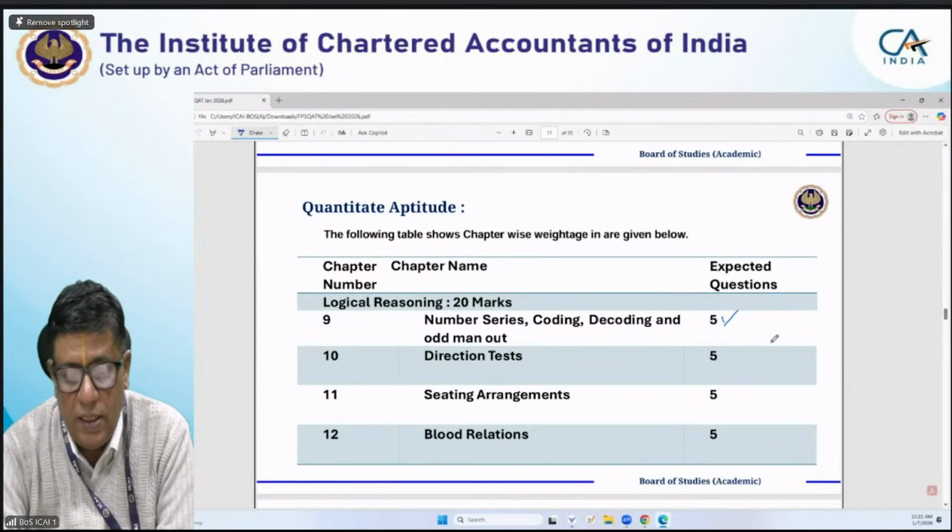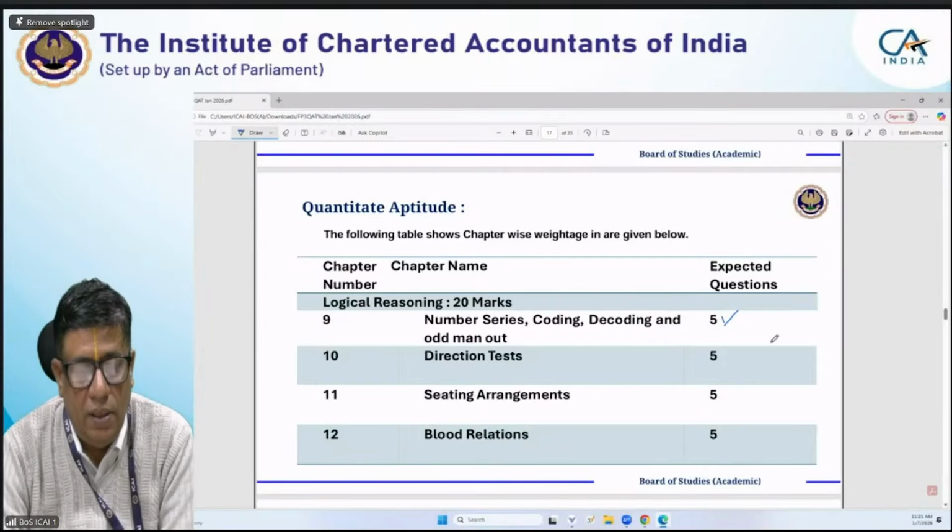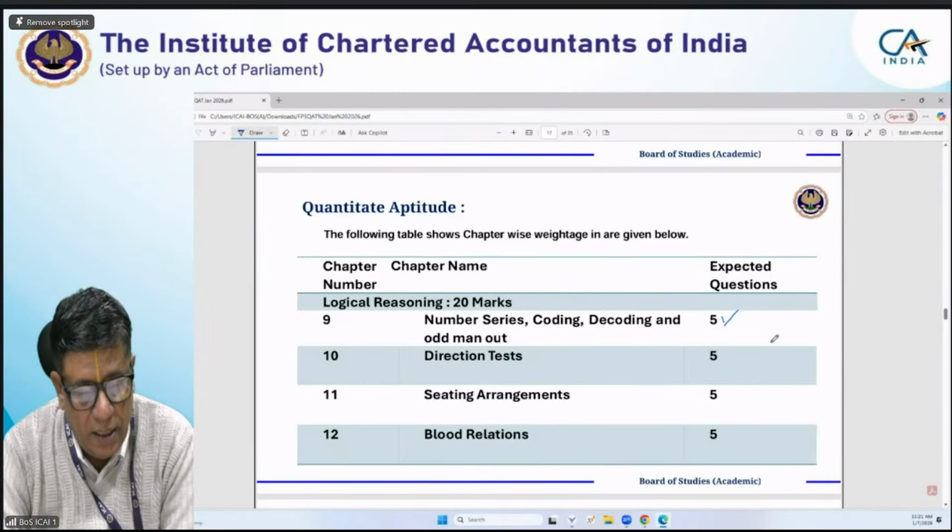Equal weightage is given to all these chapters of logical reasoning in this foundation syllabus.